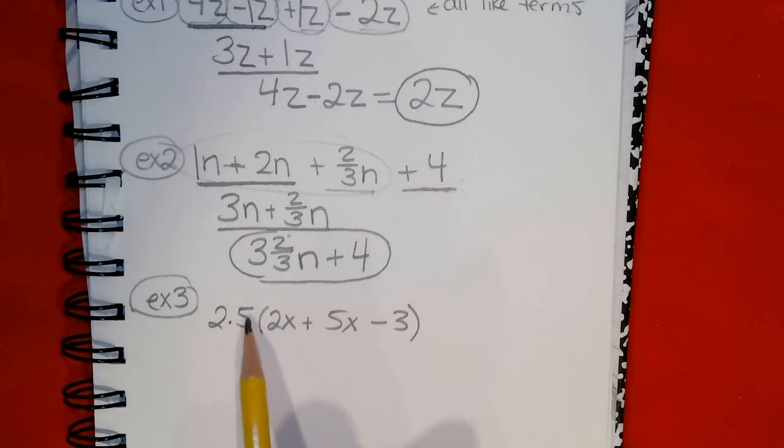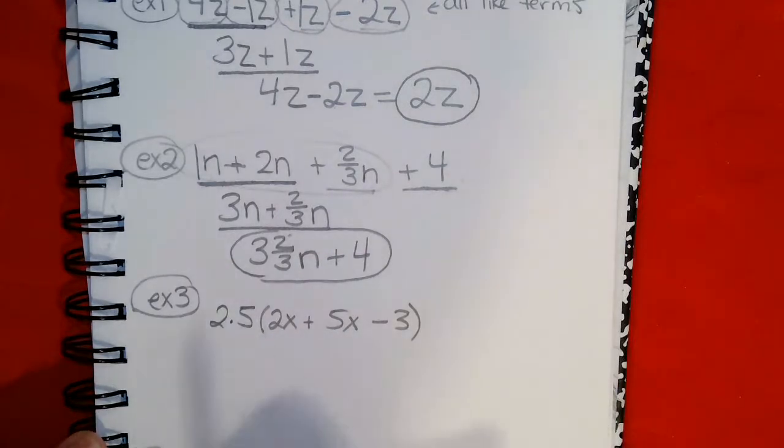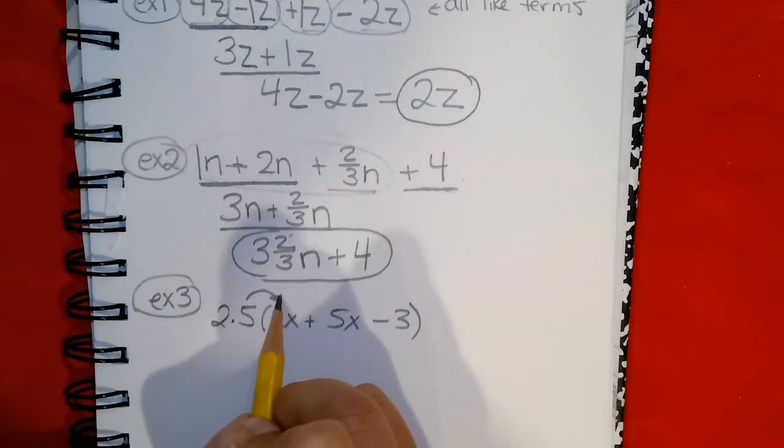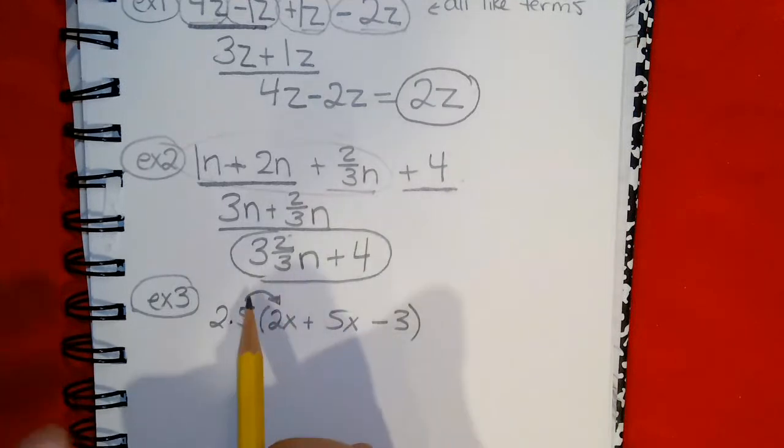Remember, when there's nothing here and it's next to parentheses, this means multiplication. Multiplied by 2x plus 5x minus 3. So now we have to remember, we have to distribute this first before we can combine any like terms. Okay, so I'm going to distribute first, and I'm going to distribute to all 3 of these.